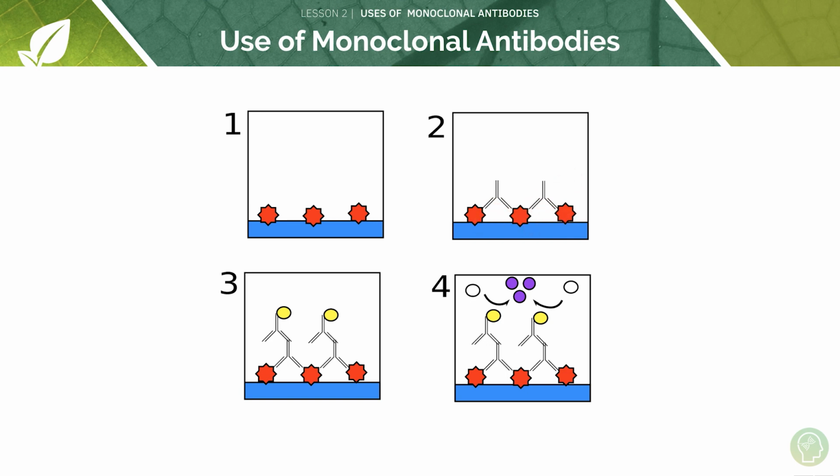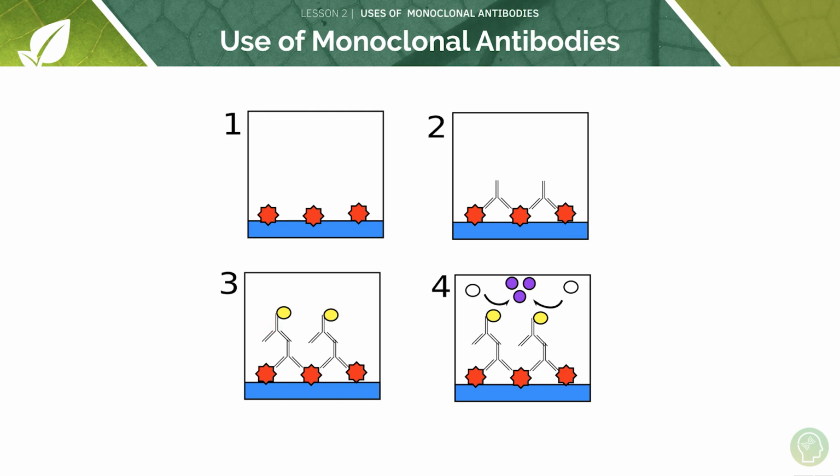We're then going to introduce a second antibody into the solution, and this second antibody is labelled with an enzyme. Here, this yellow blob is your enzyme. And so we're going to incubate this whole thing together with our secondary antibody with the enzyme attached to the secondary antibody.